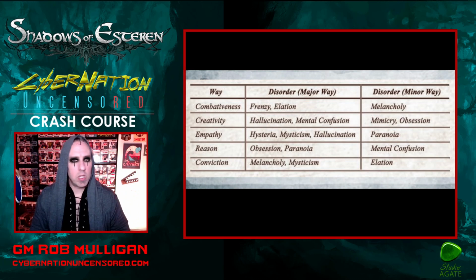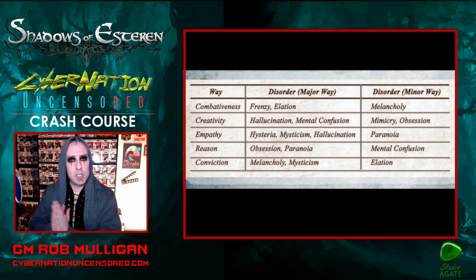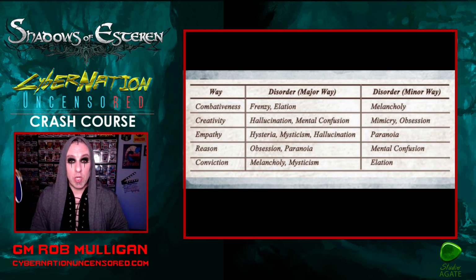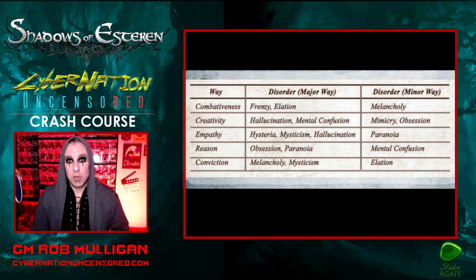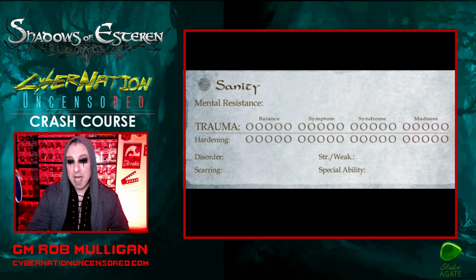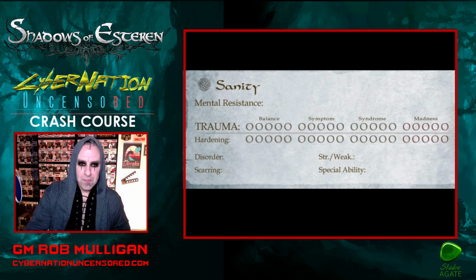But each disorder, like I said, they break it down in the book based on what section of sanity that you've triggered or gotten into, how to role play that, and then how that might affect a crisis if you land into a crisis situation by failing once you're in those higher levels of sanity, syndrome, and madness there on the chart. So yeah, that's basically how crisis works.